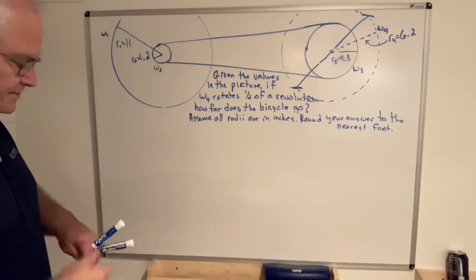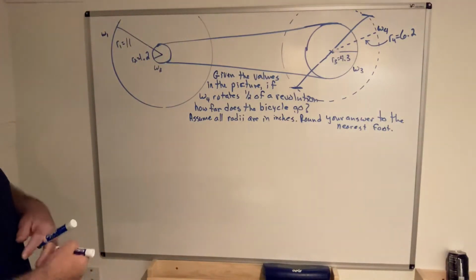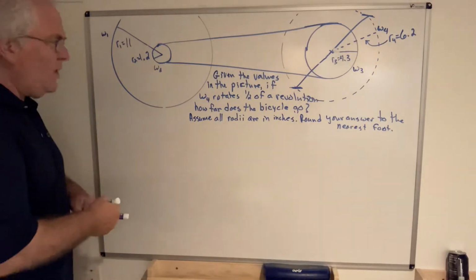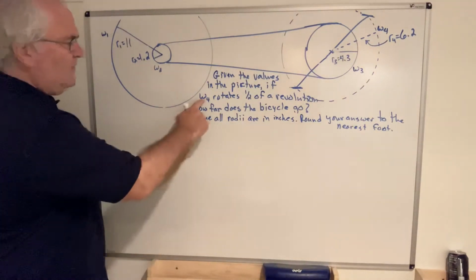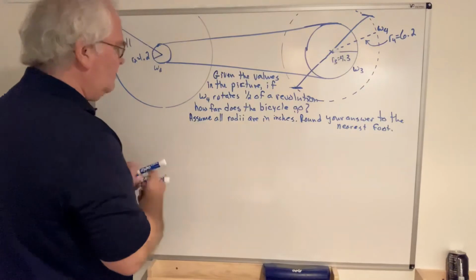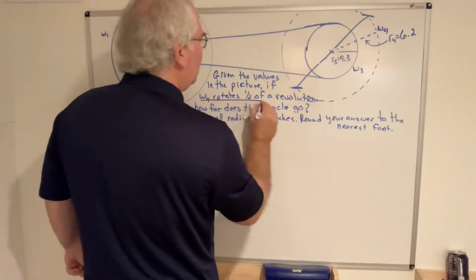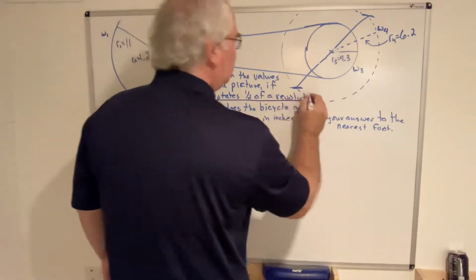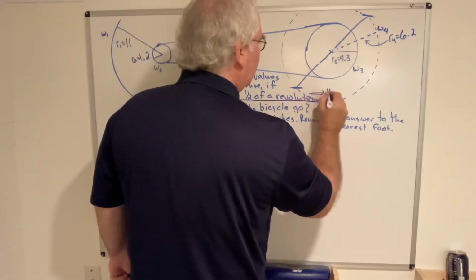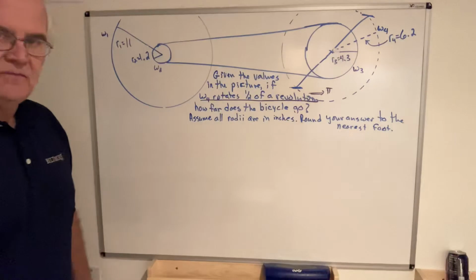All right, so it's the same structure as before. What are we given? Well, we're given here that the outside wheel 4 rotates through 1/2 of a revolution. We know 1/2 a revolution is pi radians.